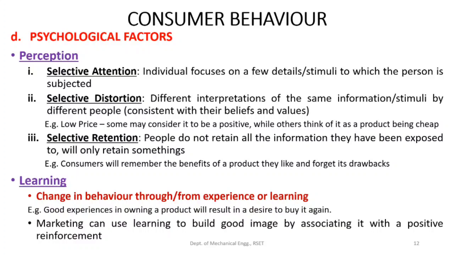So in selective retention, people favoring a particular kind of product are likely to remember only the positives, and they forget and completely avoid discussing its drawbacks, even though the product is not perfect and has its drawbacks. So in the selective retention perception mechanism, people do not retain all the information that they have been exposed to, but will only retain some things.